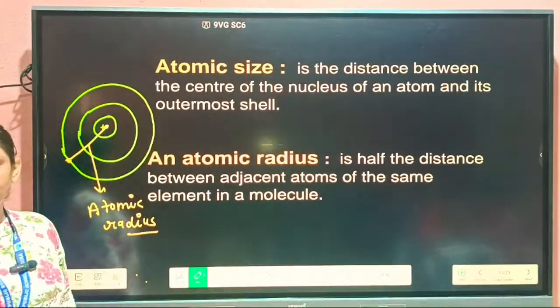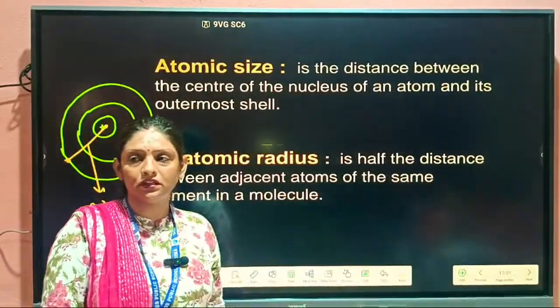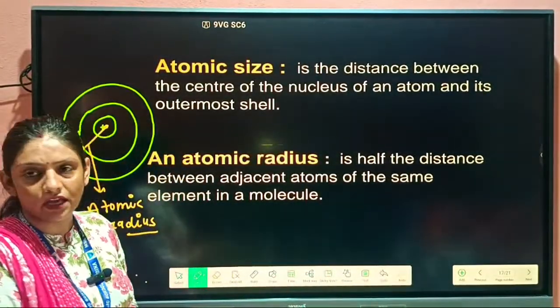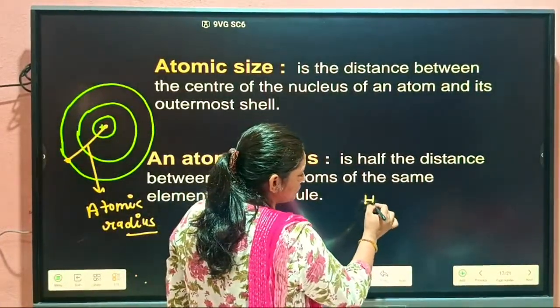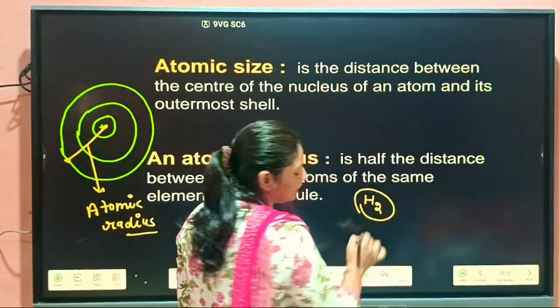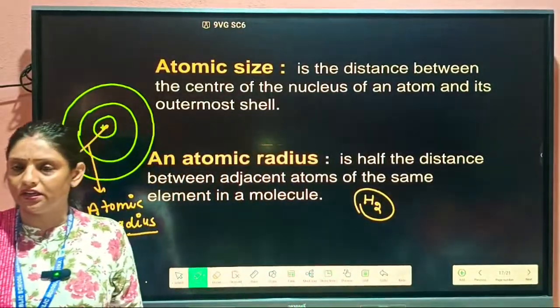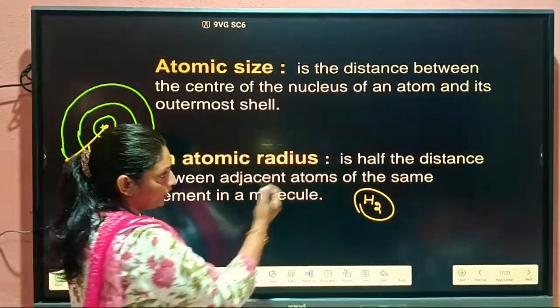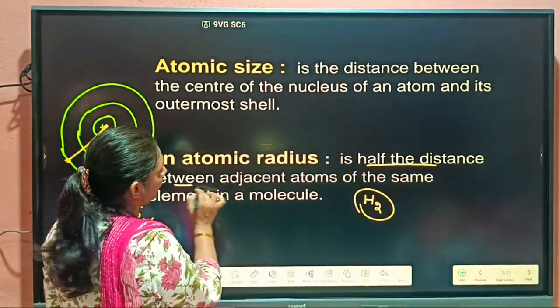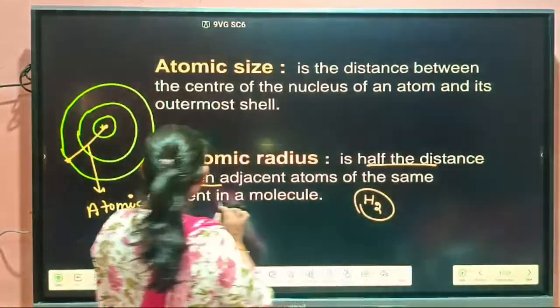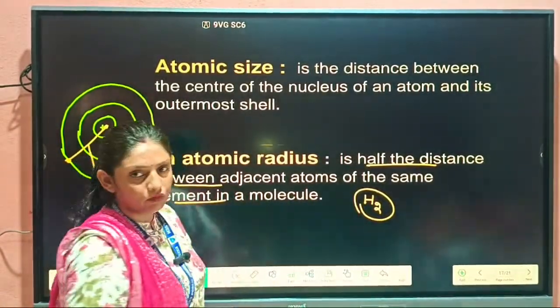But students, if a molecule is present, then what do we mean by the atomic radius? If we have a molecule like H2, then what will be the atomic radius? It is half the distance between two adjacent atoms of the same element in a molecule.